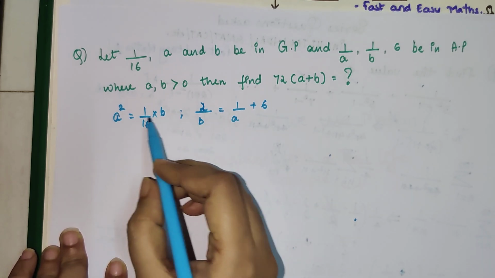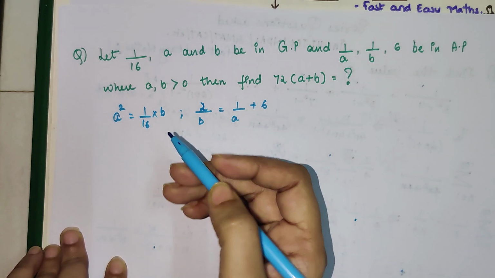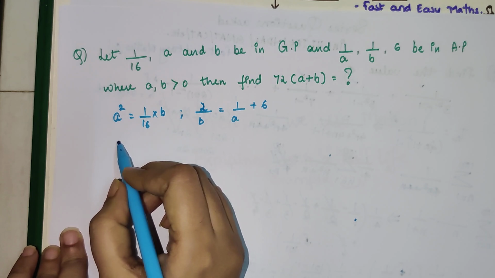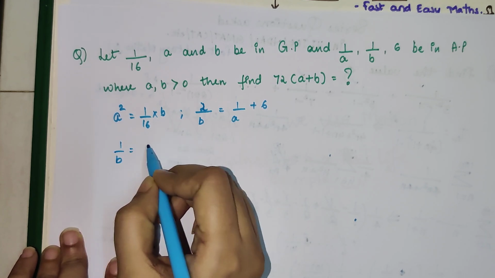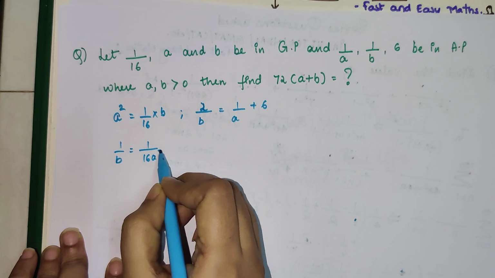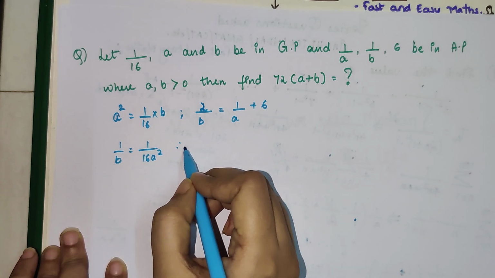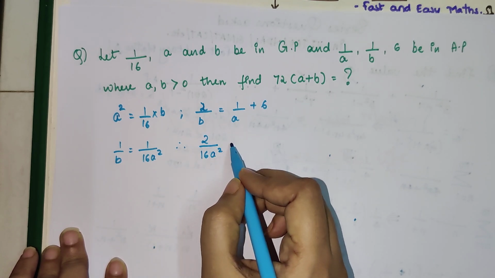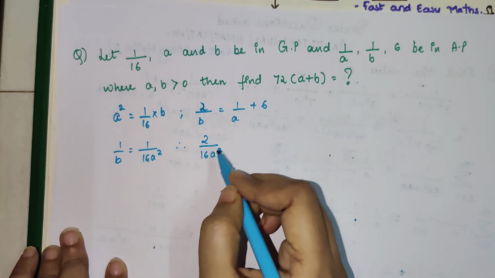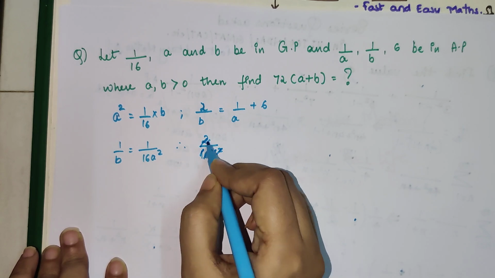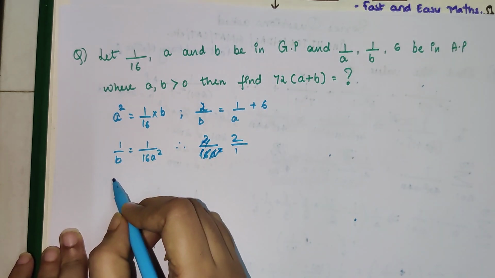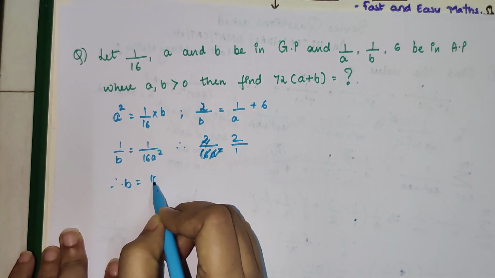Why am I doing that? Because here there is a square, so it is easier to do it that way rather than putting a square root. So I can say that 1 upon b is equals to 16 upon... sorry, my bad. Therefore I can directly say b is equals to 16a square.